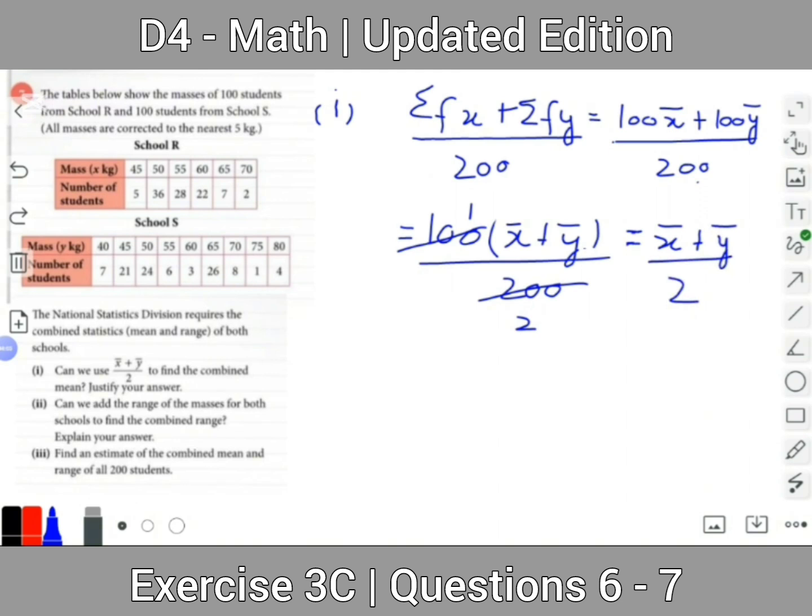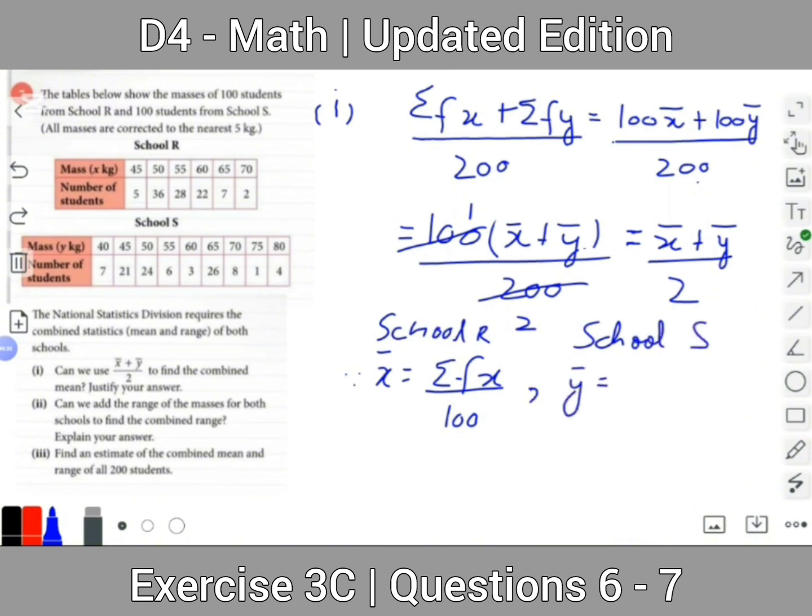Since the mean mass of each student from school R and S, as we have discussed, is equals to summation fx divided by 100 for school R, and for school S we have y bar is equals to summation fy divided by 100, respectively.